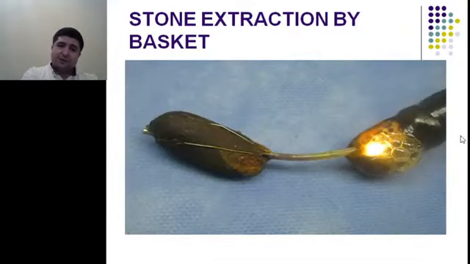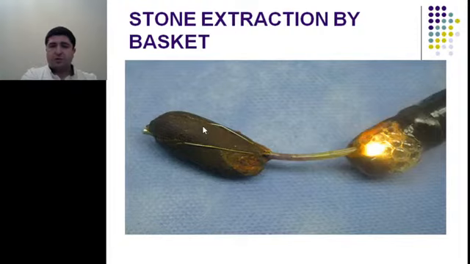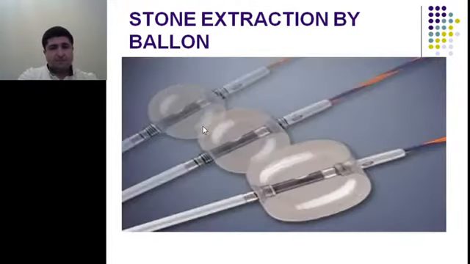This is the Dormia basket, this is the duodenoscope, this is the removed stone. Usually, we don't remove the stone outside. Usually, we remove it to the duodenum and leave it there, and with feces it goes outside. That's why it's a nice procedure, diagnostic and treatment.